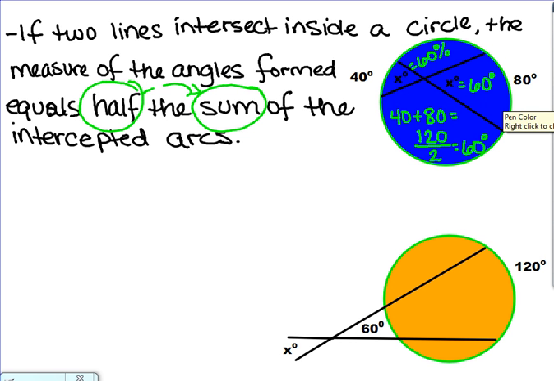What happens if we have an example like the one on the bottom, where I have two lines that intersect outside the circle? Here's the rule.